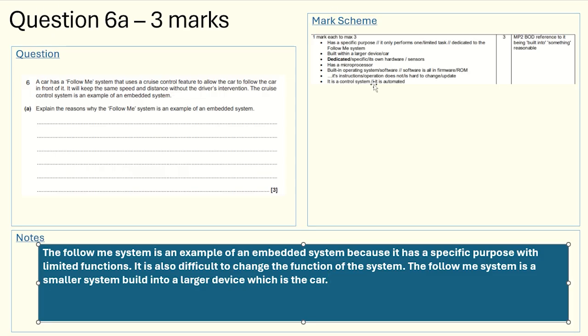The last point we can get here, we could say that it's got its own microprocessor, it's got dedicated hardware, or we can say it's automated. So I'm going to put the automated one down, because that's mentioned in the question, automated system. Okay, so any one of those 7 mark points there, 3 of them that you're trying to choose to get you 3 marks for this question, and try and relate it to the context as well, mentioning the follow me system and the car.